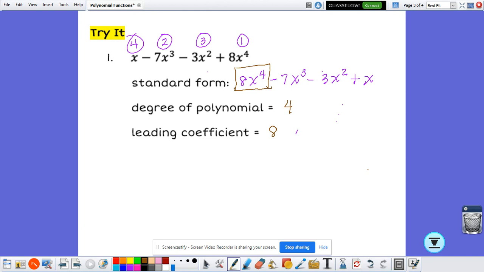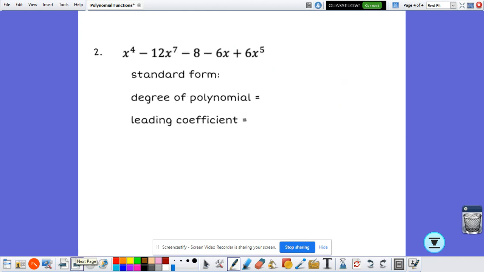Okay, let's try one more. Pause this video and do this on your own. All right. So the highest exponent for this polynomial is 7. Okay. Now, when you write down the term, you make sure to include the sign.